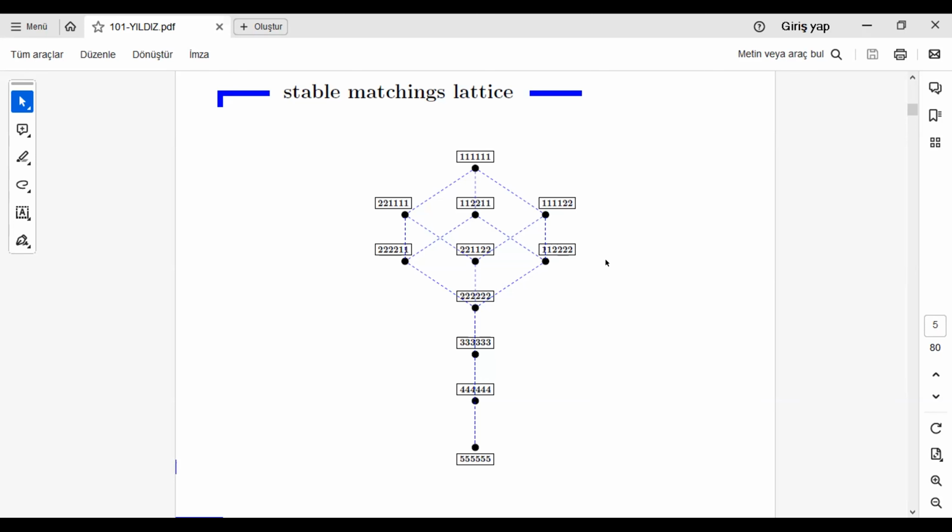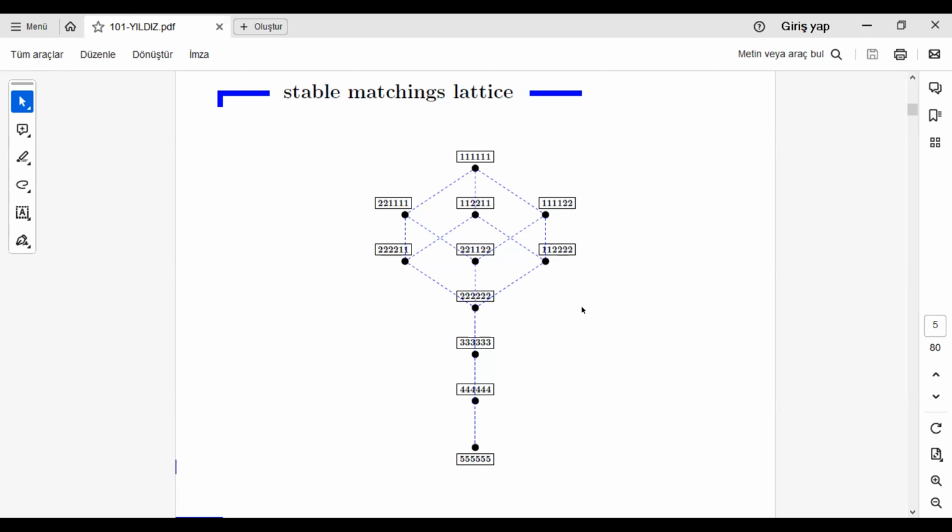I could have recorded here the preference evaluations of the women at these matchings, which I didn't because it would be crowding. At the top matching, for example, where every man is getting their first best, the women are getting their 6th best, or the worst candidate.